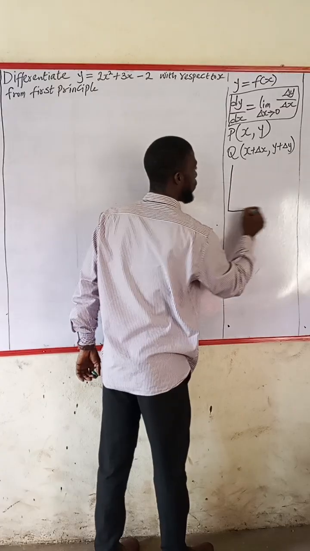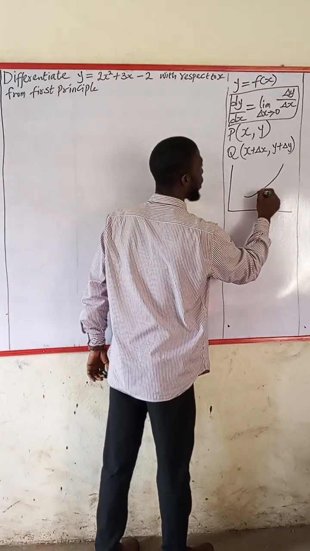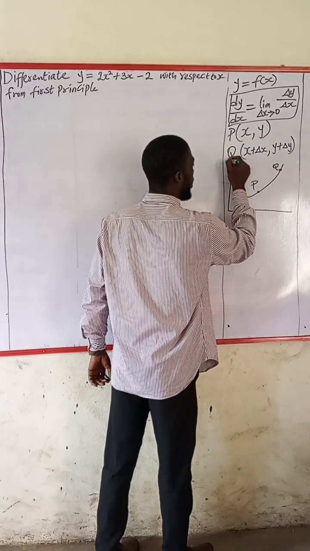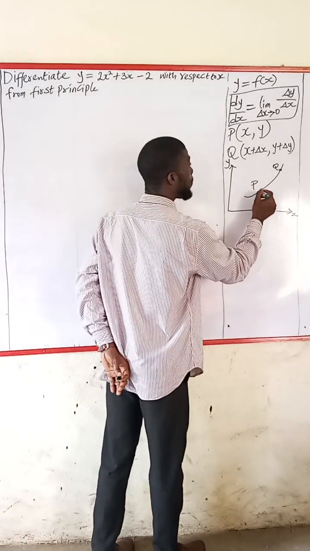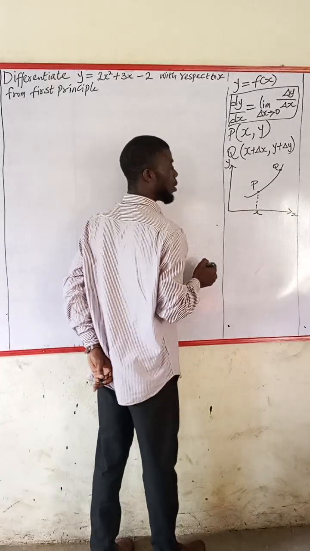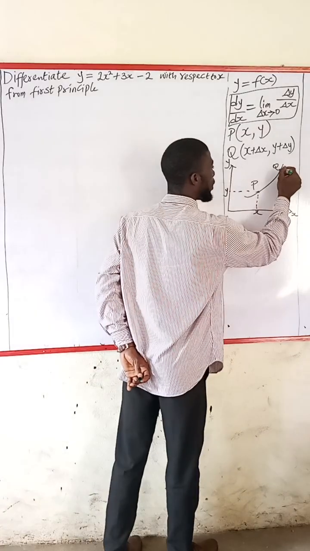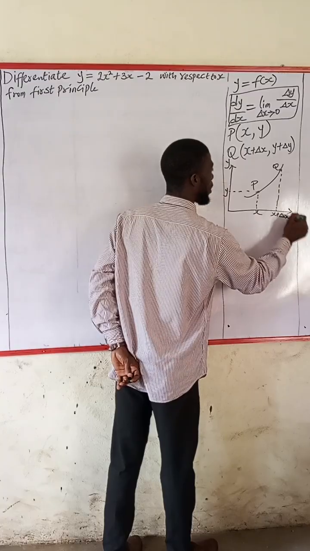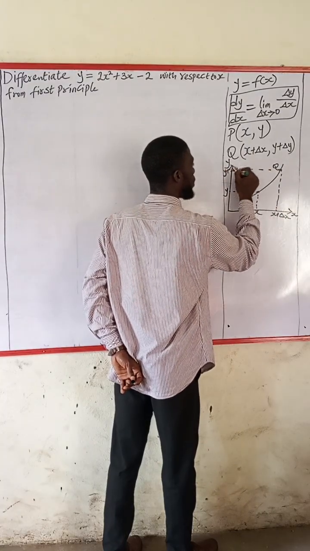If I have a curve and we have our P here and our Q somewhere here, this is our y-axis, this is our x-axis. P is existing on coordinate x, y. And our Q is existing on this coordinate, x plus change in x, and here is y plus change in y.